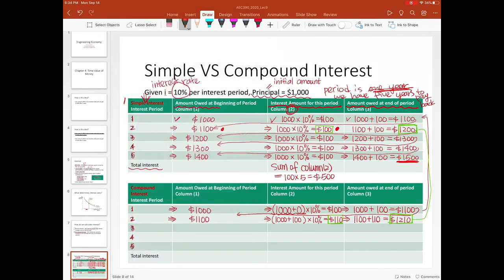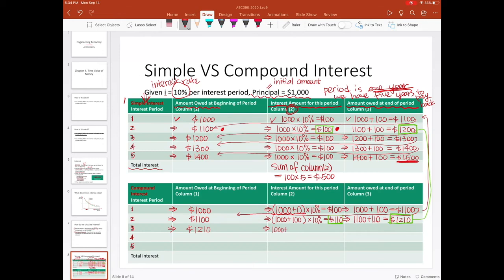All right. Now we will enter the third year. The beginning of the third year, how much you owe. That's how much you owe at the end of the second year, okay? So you copy that number, 1210 US dollars, here. And what is the interest? That interest will be the principal plus all the previous interest.